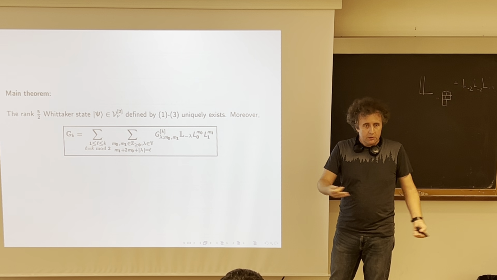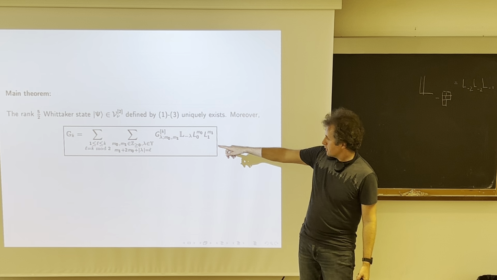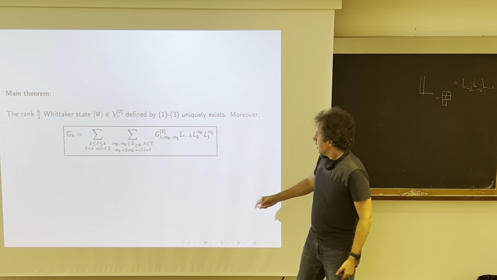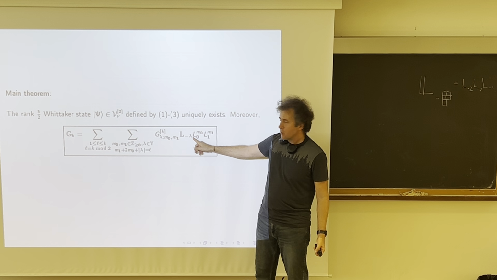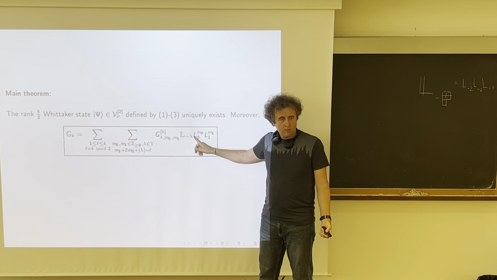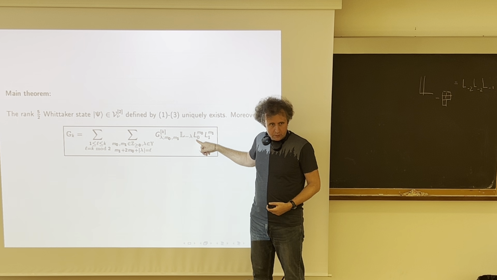So, for example, if I want to compute this G1, what kind of Virasoro monomials can I have in G1? First of all, L minus 1, which is of degree 1, but also L1. If I want G2, I'm going to have L minus 1 squared, L1 squared, L minus 1 L1, but also L naught.